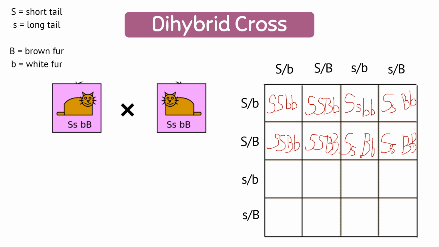Alright, again to the next row, we got lowercase s, lowercase b, and lowercase b. I'm going to fill it out using these as well. Bear with me, this takes some time.